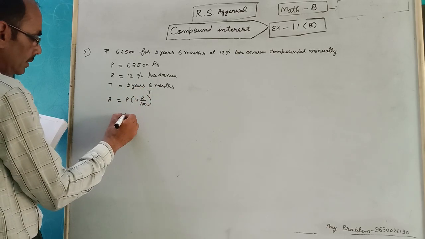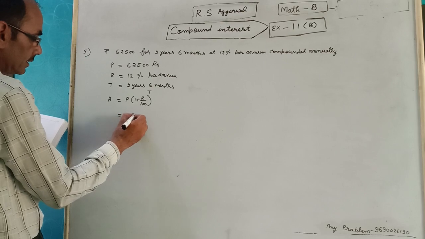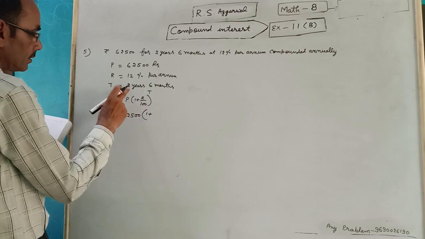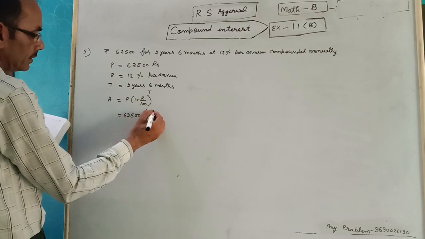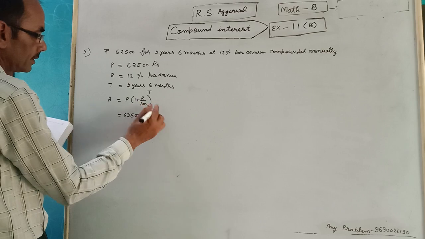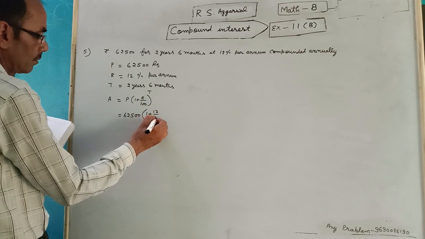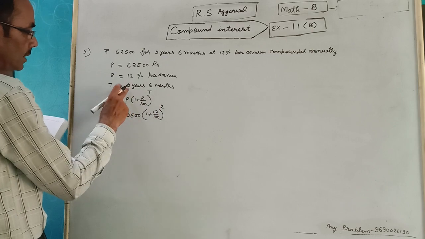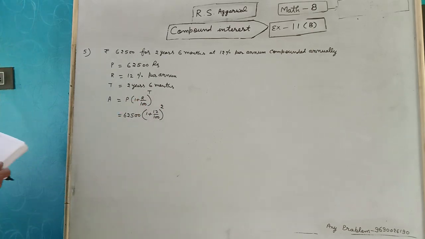P value will be 1 plus for 2 years, R will be 12 upon 100 power 2.